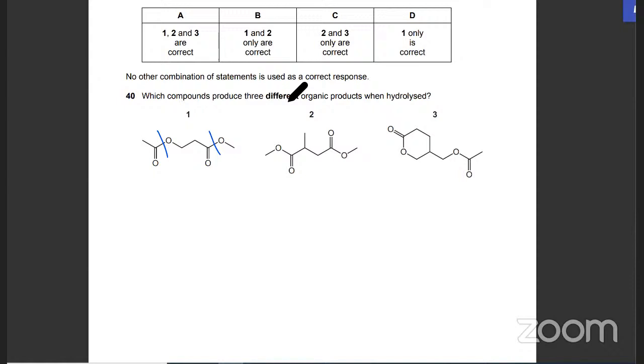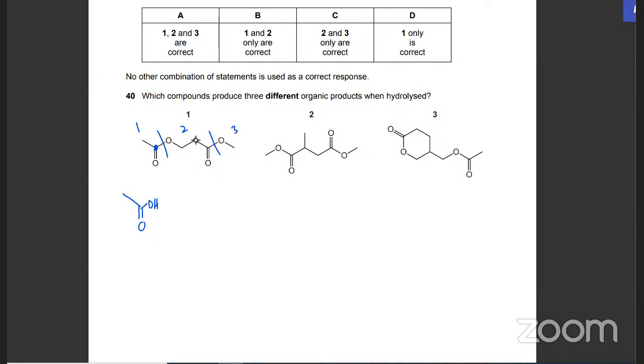Would it produce 3 organic products, the first one, or not? It's going to produce 3. On this side, this carbon atom, what happens to it? Double bond O, right? So it turns into carboxylic acid.